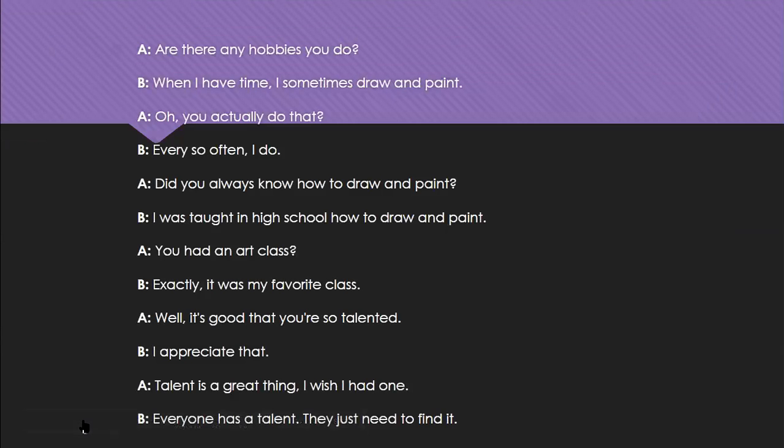Good. So let's have this activity between you and me. This is an A-B conversation, which are these exercises in which we practice a modeled conversation. So this one is about hobbies. And it's about two people, person A and person B, talking about one specific topic, which is hobbies.